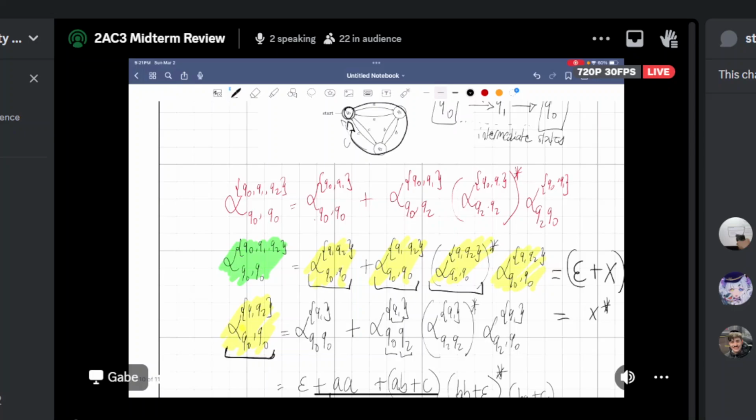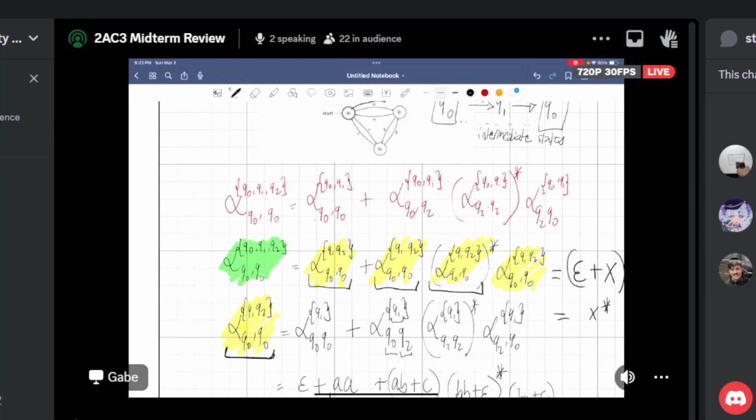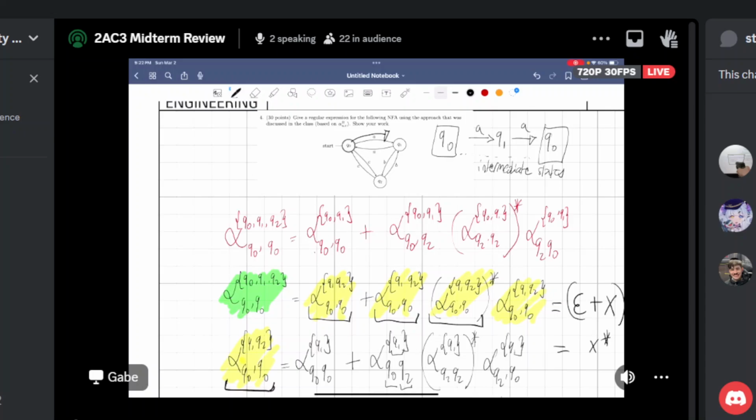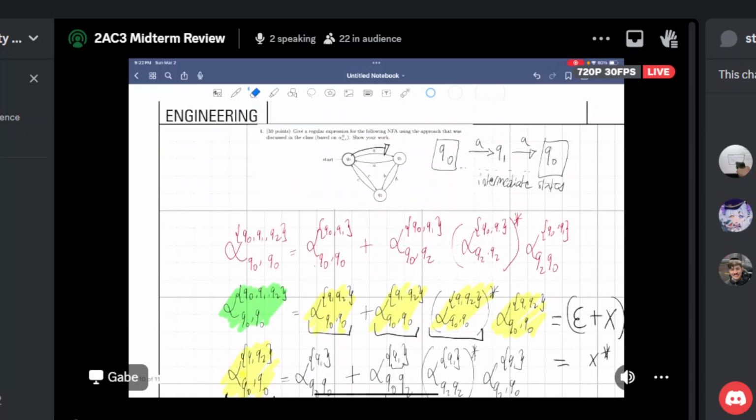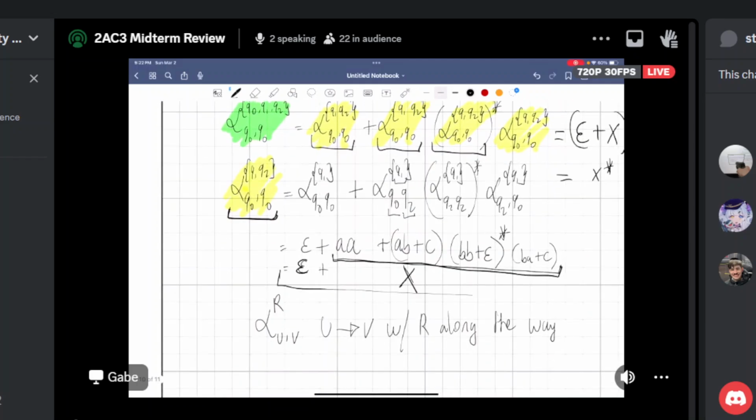So how do you go from start state to finish state? Once. Because if you were to move back away from Q0, then Q0 would be part of the intermediate states, which cannot happen. So essentially, how do you make one loop around the NFA? So this is this answer.